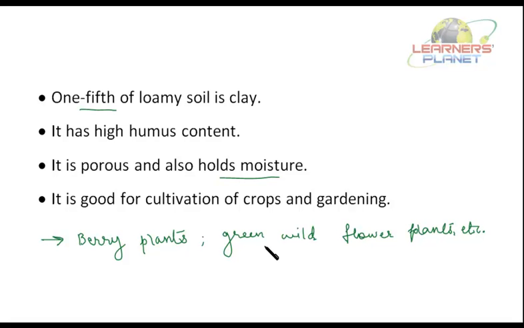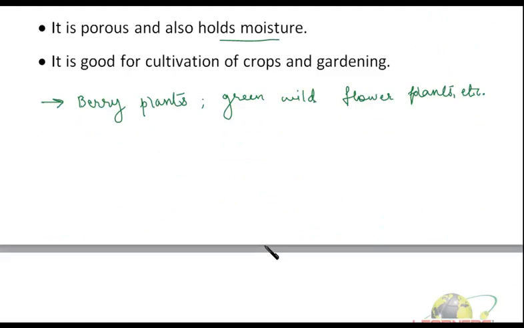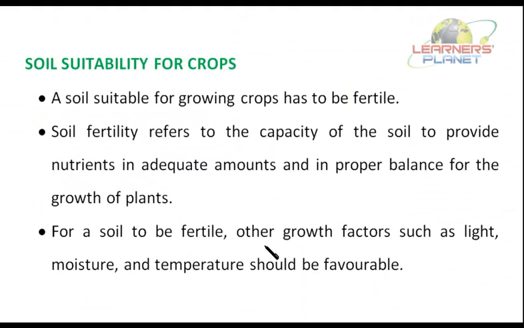Now let us discuss one more interesting topic, which is soil suitability for crops. Now this topic means that we will discuss some of the crops for which soil is suitable in various ways.